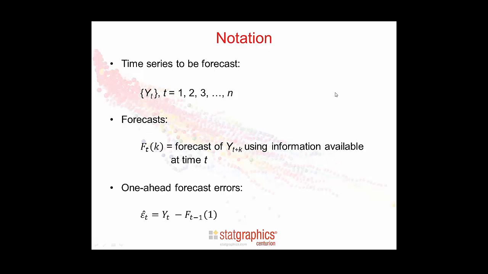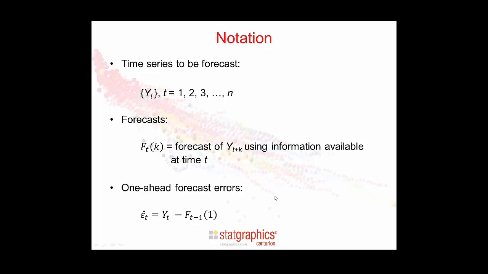Okay. We also want to think about something called the one-ahead forecast errors. The one-ahead forecast errors are the differences between what actually happens at time t and what we would have forecast would have happened standing at time period t minus 1 trying to forecast 1 period into the future. Okay. These are normally called the one-ahead forecast errors.